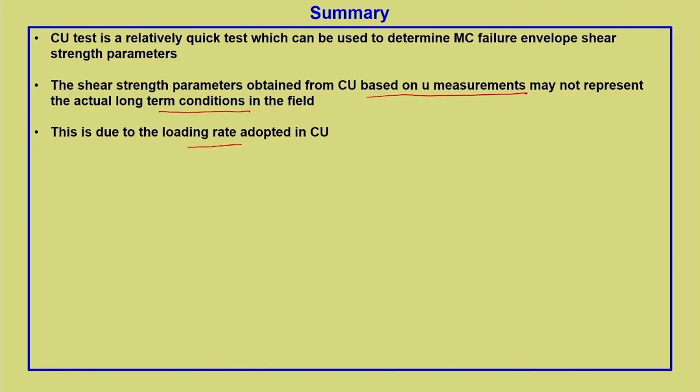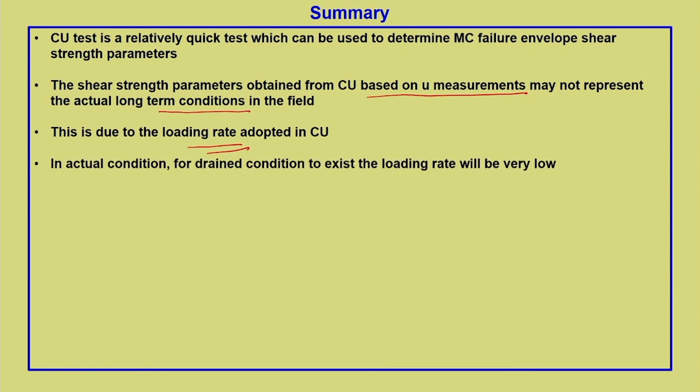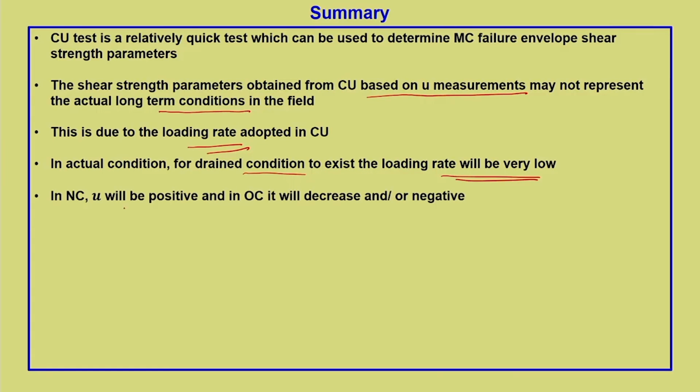This has something to do with the loading rate, which we have already explained. In actual conditions, for the drained condition to exist, the loading rate will be very low. In NC the pore pressure will be positive, and in OC it will decrease and tend to a negative value.